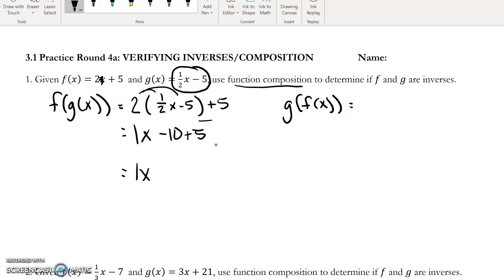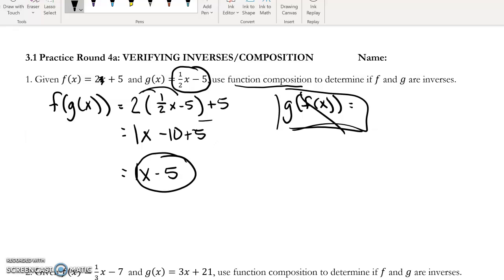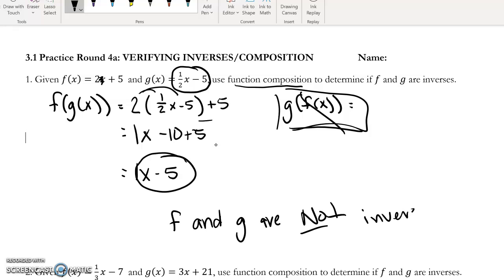When I combine my like terms, negative 10 and 5 give you negative 5. From here, I can't simplify any further, and I did not get just plain old x. I got x minus 5. So from that point on, I don't even have to test this other composition. I just know that f and g are not inverses.